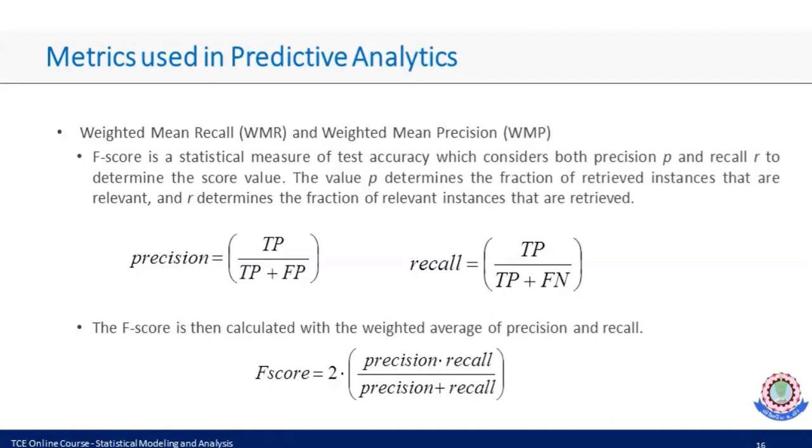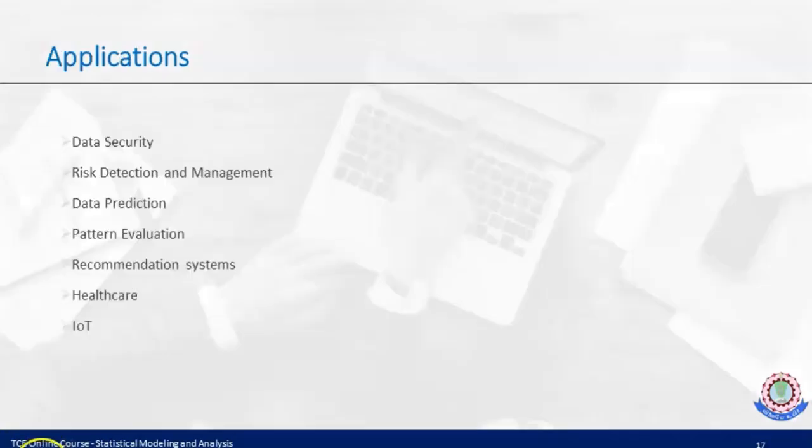Similarly, the F-score is then calculated as a weighted average of the values corresponding to precision and recall. And finally, the applications of predictive analytics. So, predictive analytics is majorly deployed in different types of applications, which are used in a real-time perspective.